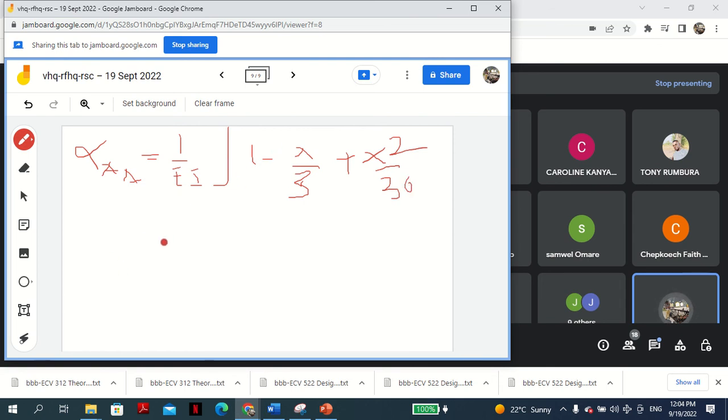You can integrate that: x minus x squared over 6 plus x cubed over 108, I think, x cubed over 36 times 3, of course, from 0 to 6. Just a minute, that's x cubed.